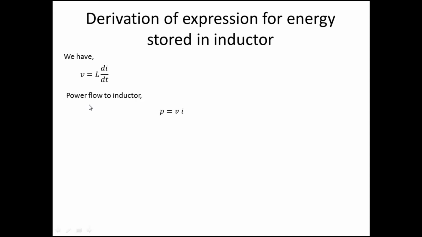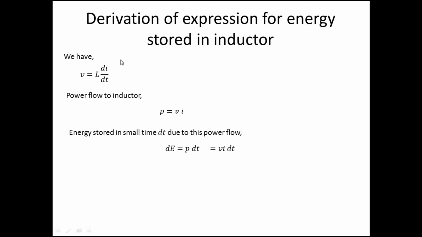If this instantaneous power is flowing, there will be energy stored for a small time dt. So we can find dE is equal to P into dt. Energy is equal to power into time. So the energy stored in a small time is dE equal to P into dt.